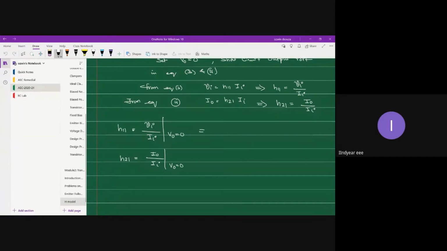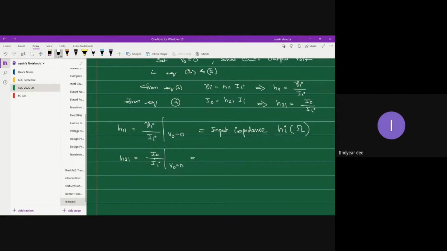So Vi by Ii gives the input impedance. We call it Hi, where i stands for input. So the first parameter is H11, and the unit of H11 is ohm because it is a voltage by current ratio. Hence, we take this particular input impedance as Hi.